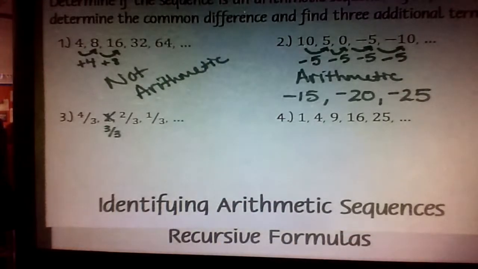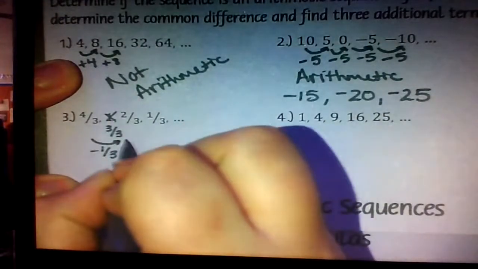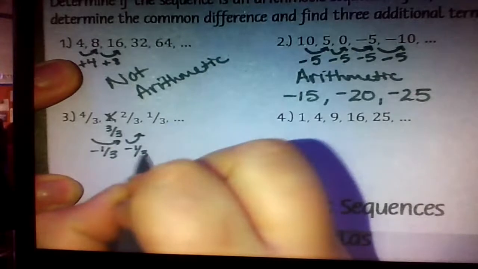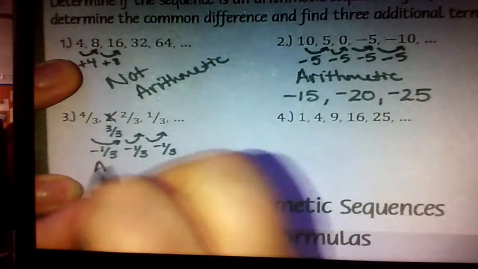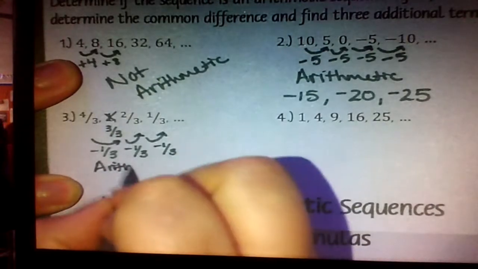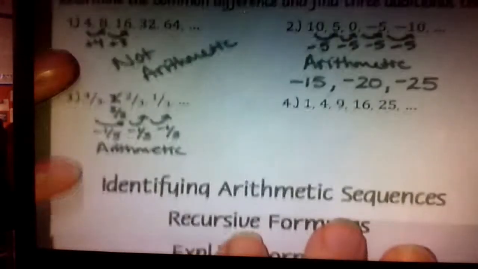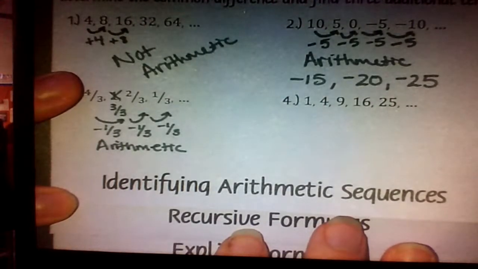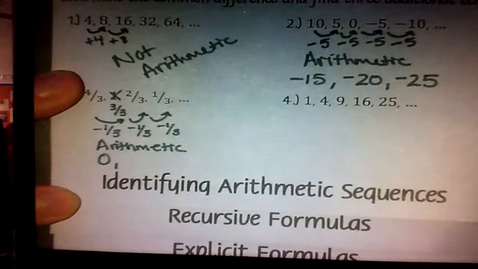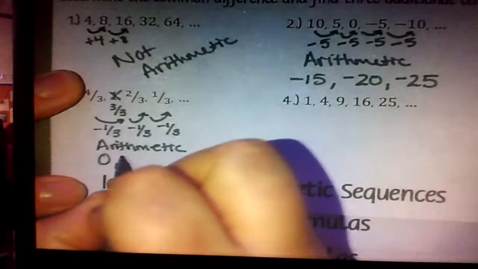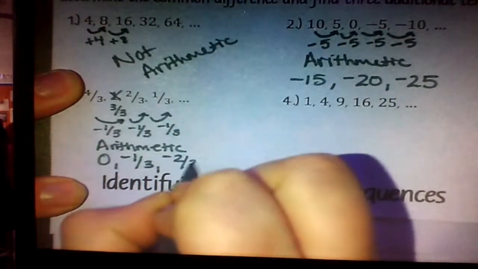Going from 4/3 to 3/3, subtract 1/3. 3/3 to 2/3, subtract 1/3. So this is arithmetic. What should my next number be? 0, and then negative 1 over 3.